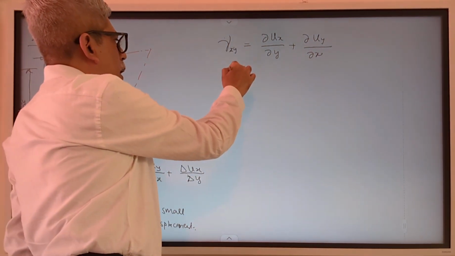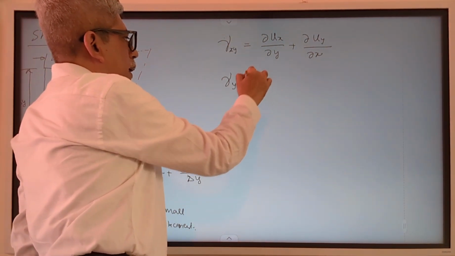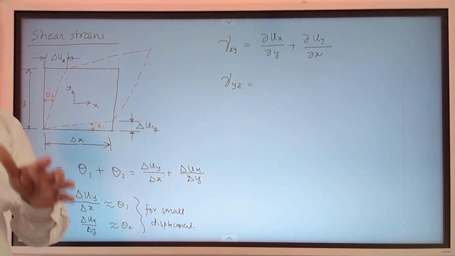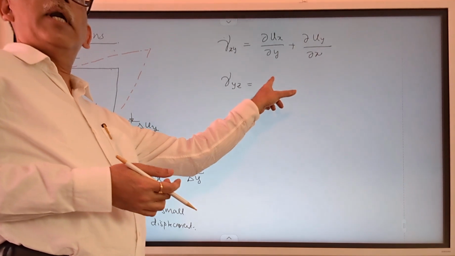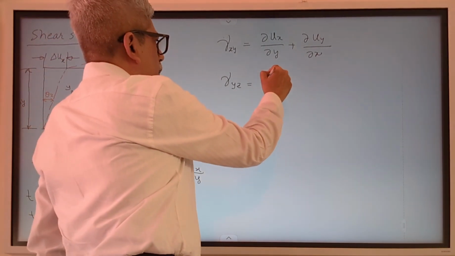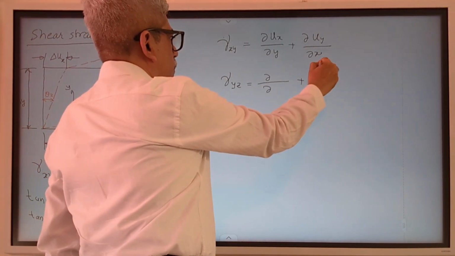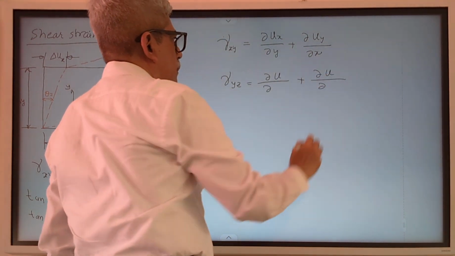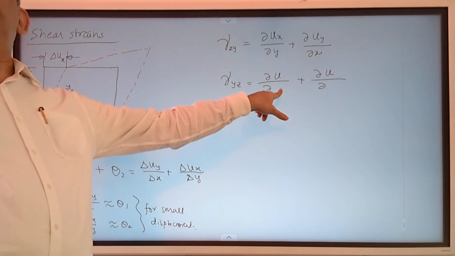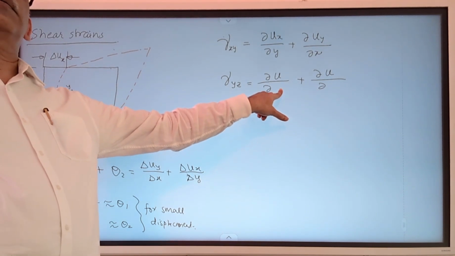So you can have gamma yz, which is the shear strain as measured in the yz plane. Can somebody tell what this would be? So partial u, what should come here?